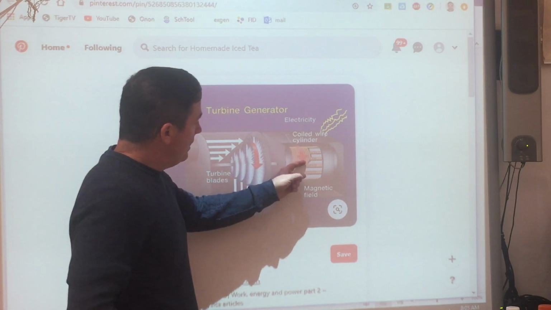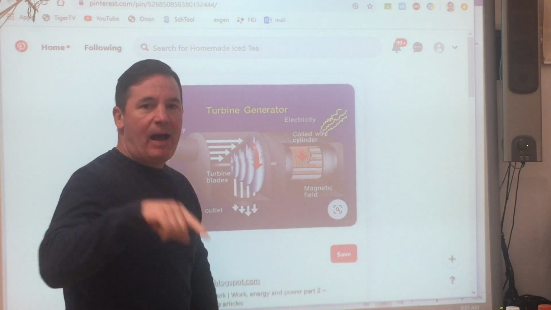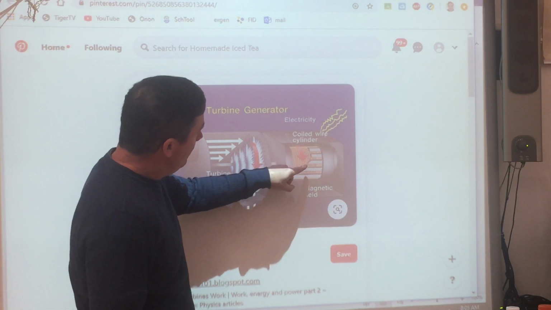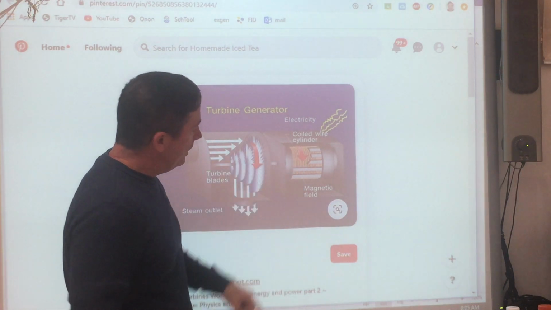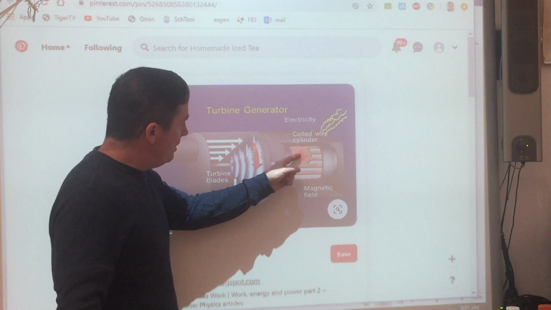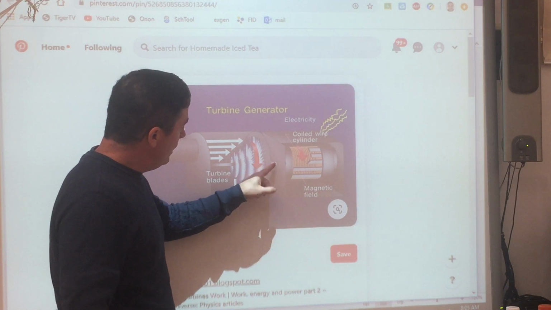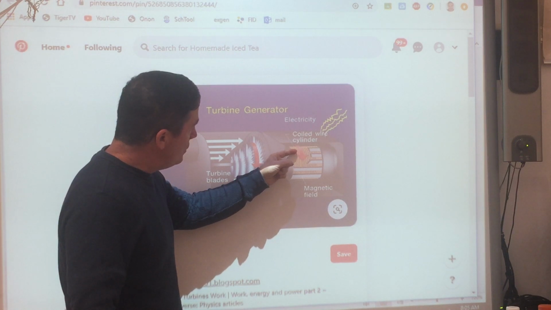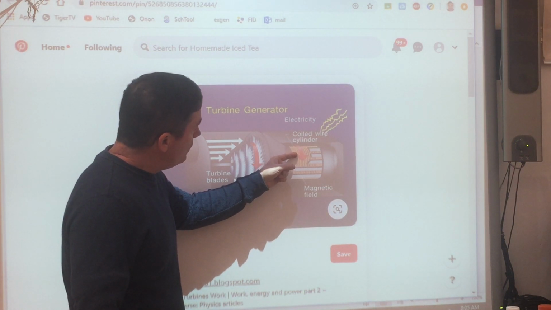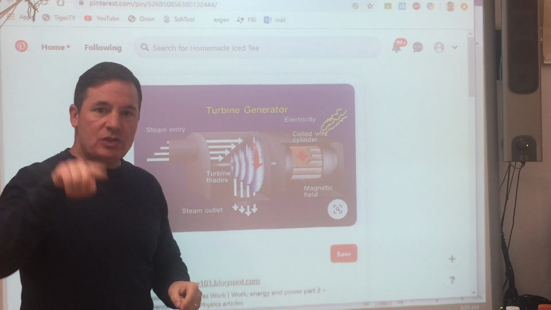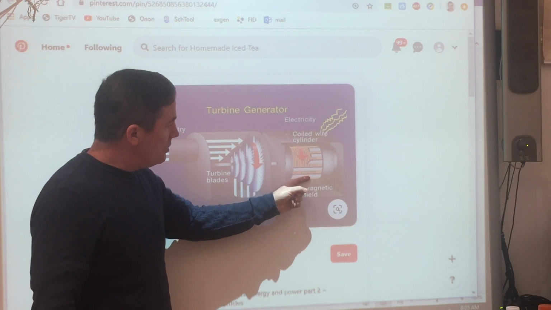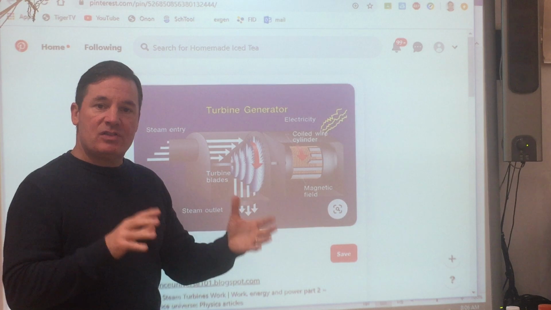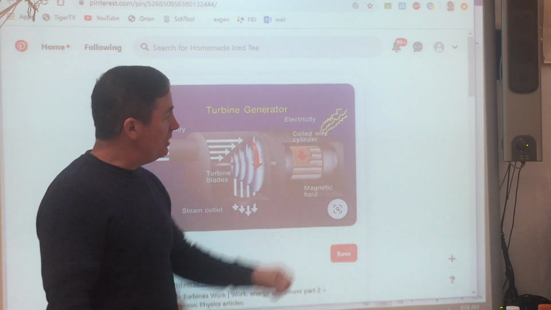This has huge amounts of copper wound around, and this inside part is going to spin because that inside column here is attached to this. So when this spins, it causes the coils, the giant cylinder, to spin around. And when it spins around and the giant magnets stay there, it generates electricity.